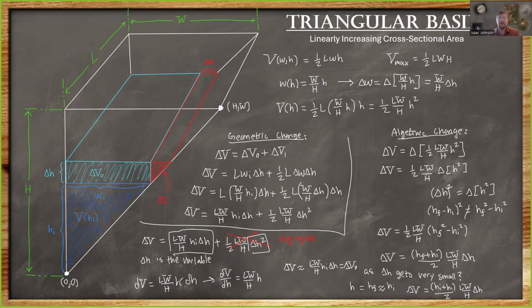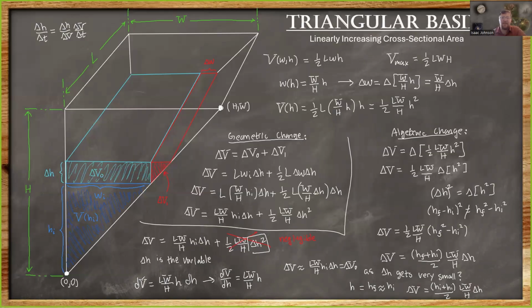You remember earlier, for the linear accumulation, the rectangular tank, we were able to say delta H over delta T equals delta H over delta V times delta V over delta T. And at the time I said, well, we've only shown this for constant accumulation, for a constant cross section.